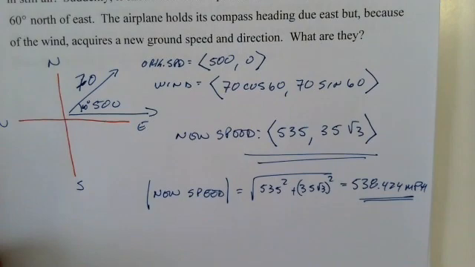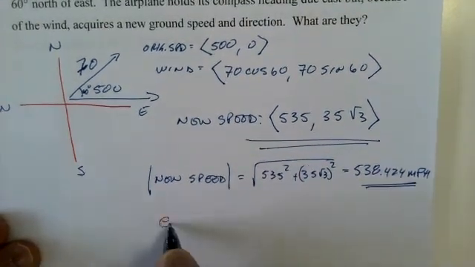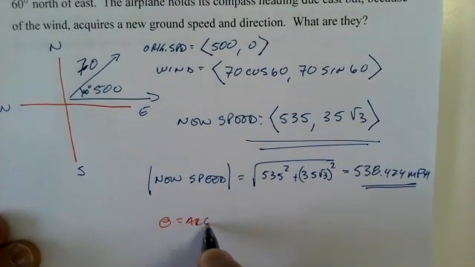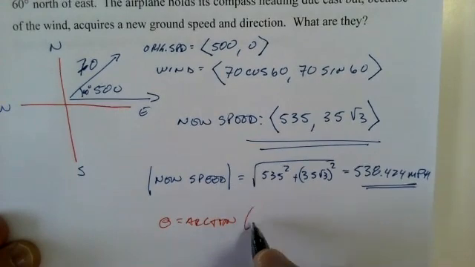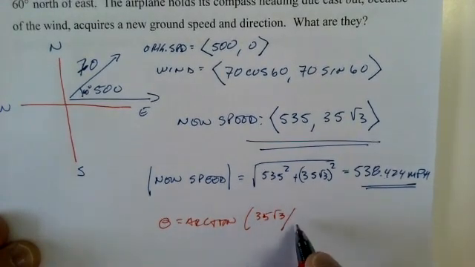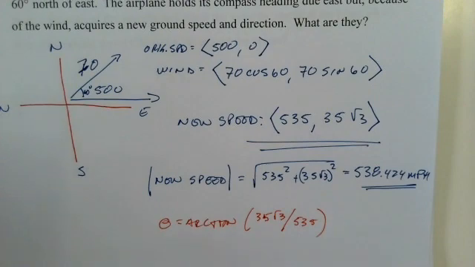All right, so what's this new direction? Well, we use this vector here. We say theta equals arctan of opposite over adjacent, 35 root 3 over 535. Now I'm going to make sure my calculator is in degrees for the first time ever.